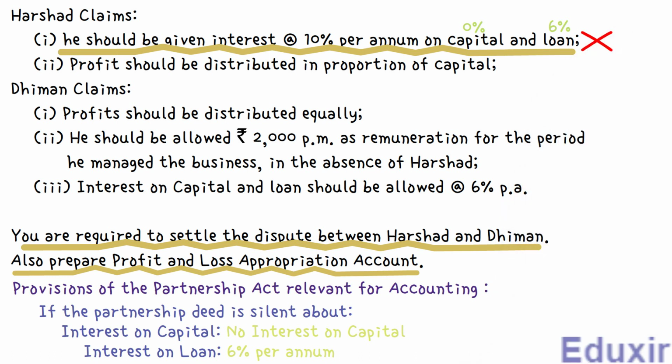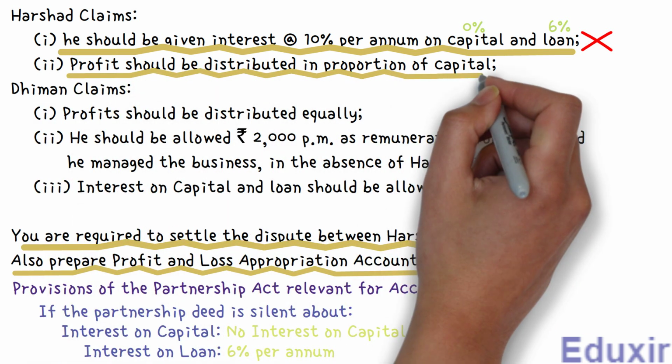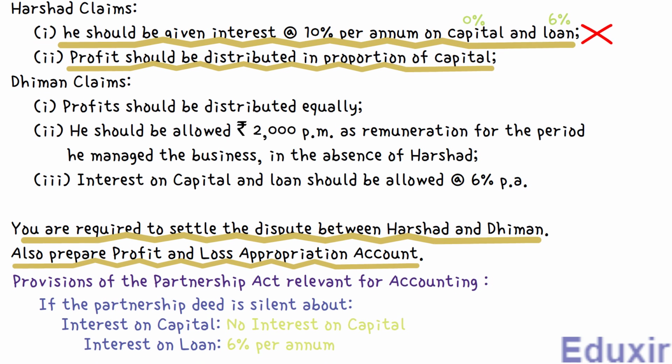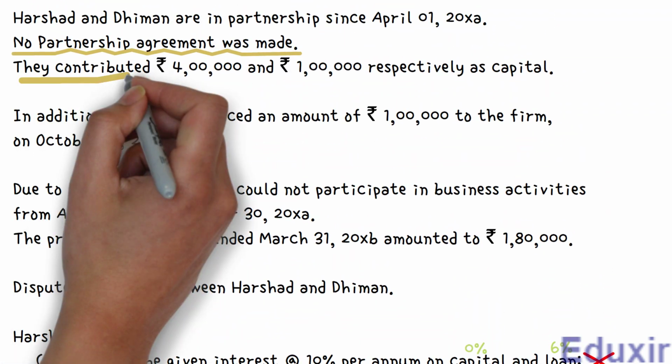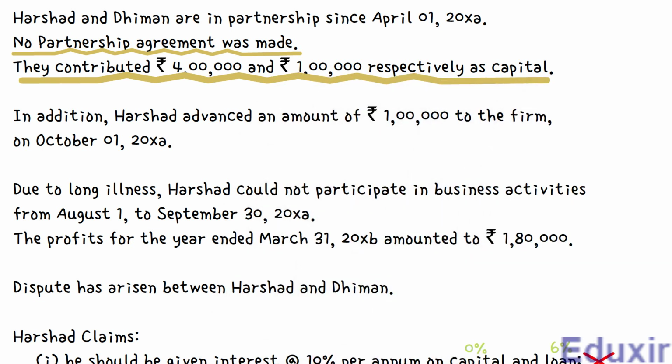Now, let's proceed to the next claim made by Harshad. In this case, he is claiming that the profits should be distributed in proportion of capital. We know that when the partnership deed is silent about the ratio in which the profits should be distributed, we should consider that the profit sharing ratio should be equal for each partner. We know from the problem that the capitals contributed by both the partners are 4 lakh rupees and 1 lakh rupees.